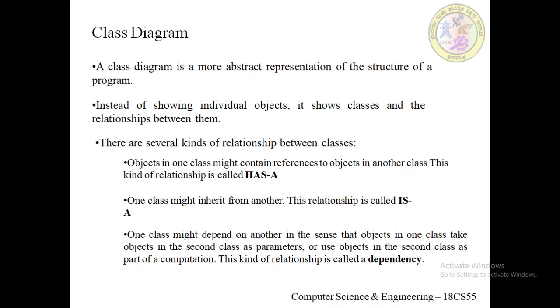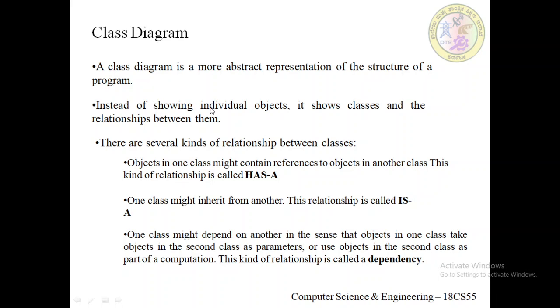In the previous sessions, we have studied one diagram, the object diagram. The object diagram shows what all attributes are there in an object and their values. Now in inheritance we are going to check a special type of class diagram, which is a more abstract representation of the structure of a program.